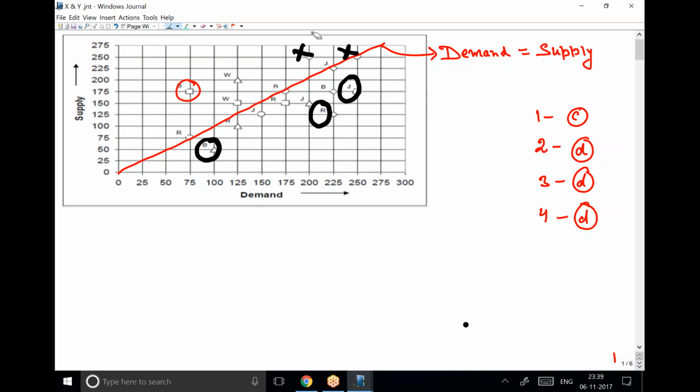This portion is showing us when your demand is more, supply is less, and this portion is showing us when your supply is more and demand is less. So in this portion we are looking for supply falling short, that means demand is more. So it comes out to only B, R and J. So only three grains are there. So the right answer is option C for the first question.